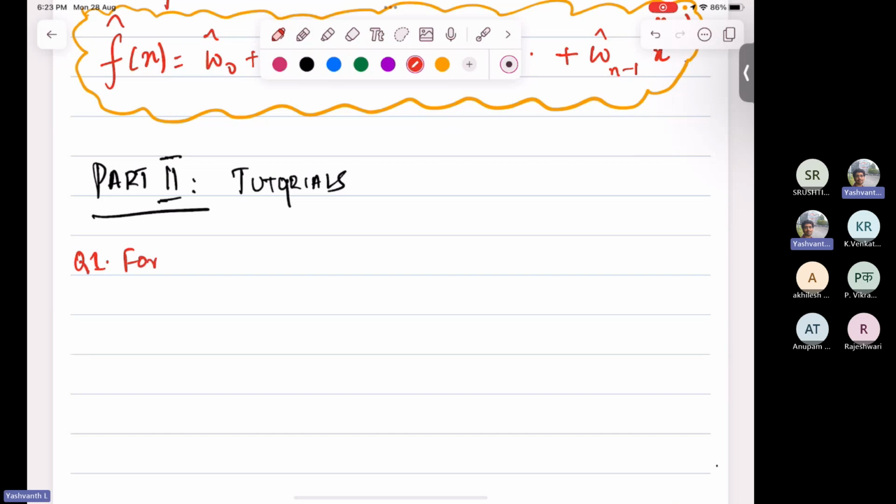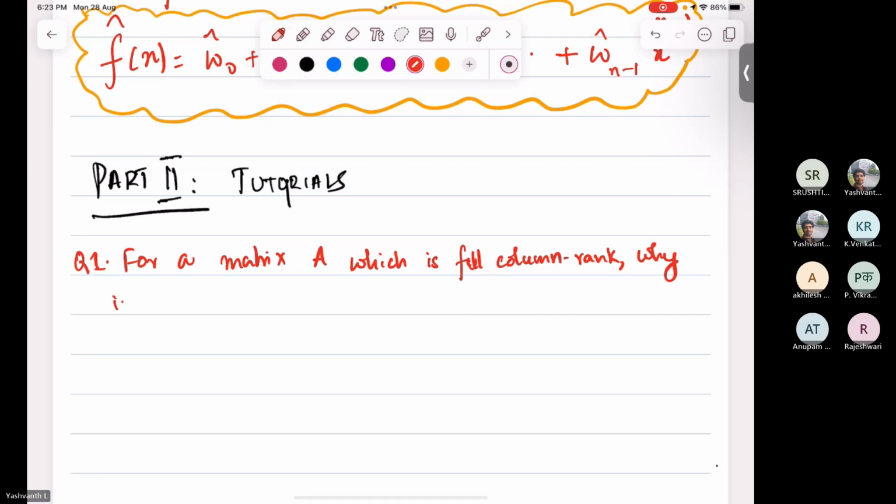For a matrix A which is full column rank, (A Hermitian A) the whole inverse, A Hermitian is called the pseudo inverse.